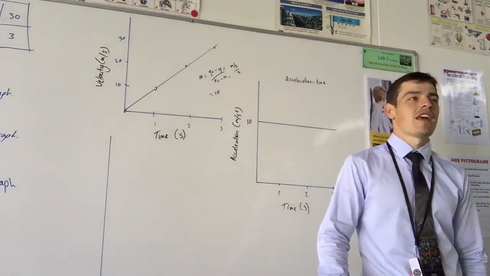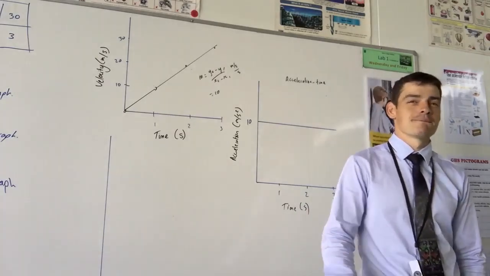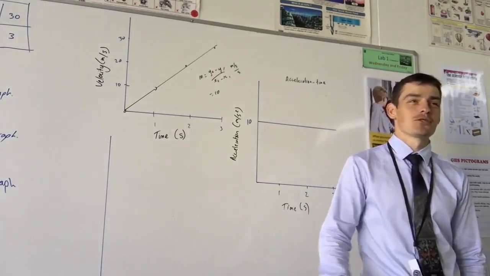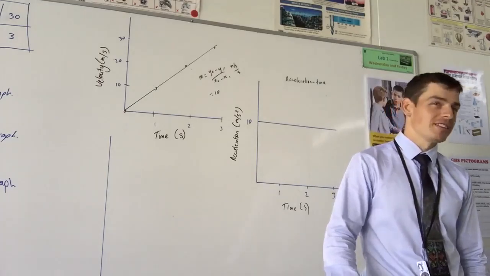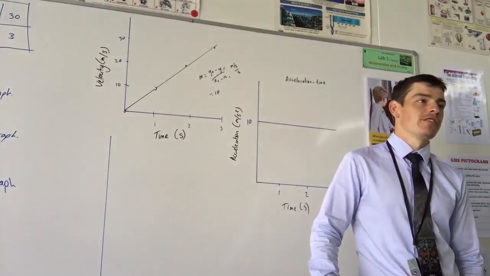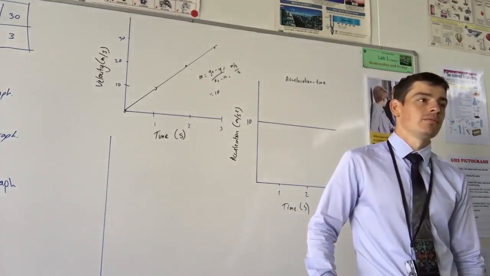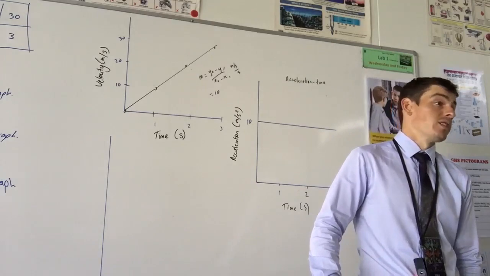So I'm going to ask you again, how far has that ball travelled in the first second? 10 meters per second. You're consistent, it's good. The final speed's 10, the initial speed was 0. For me, the average speed's 5. So wouldn't it be 5 times 1? Yes, 5 metres per second times 1 second.